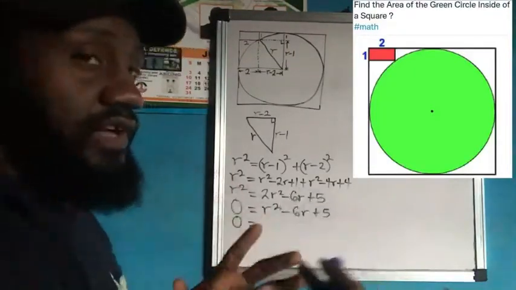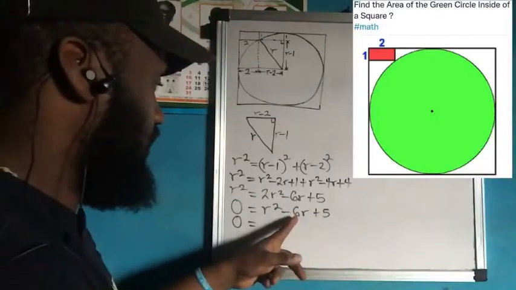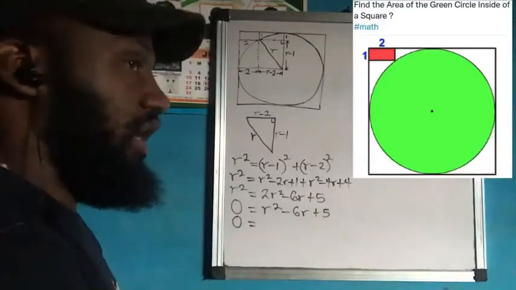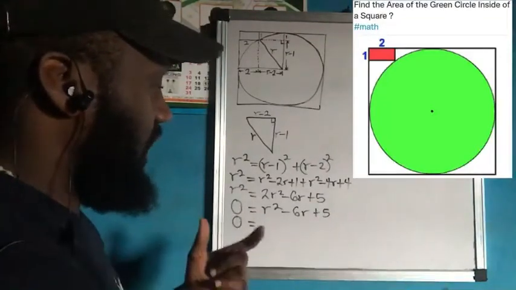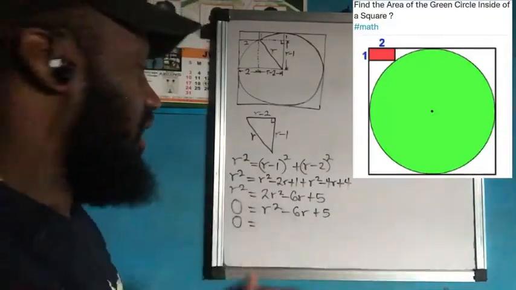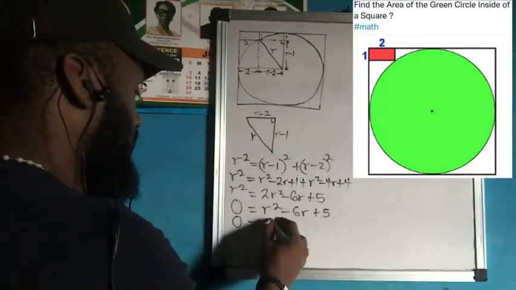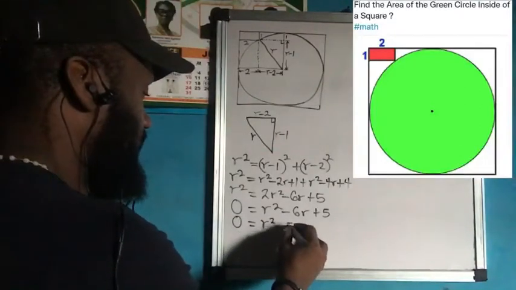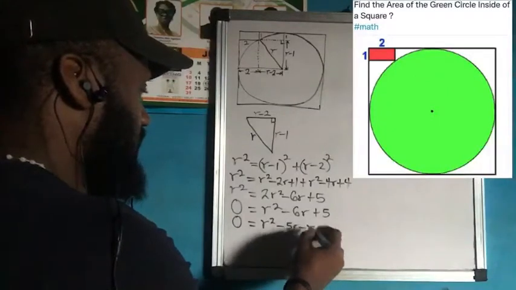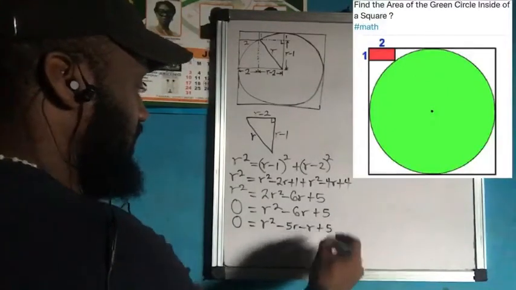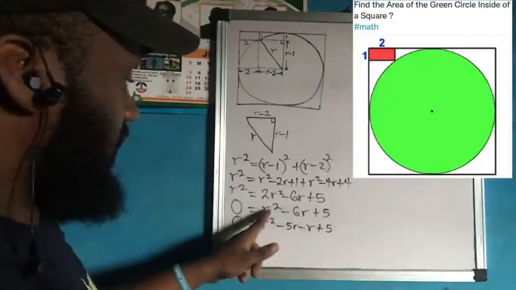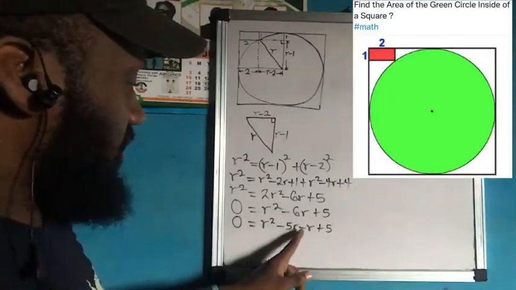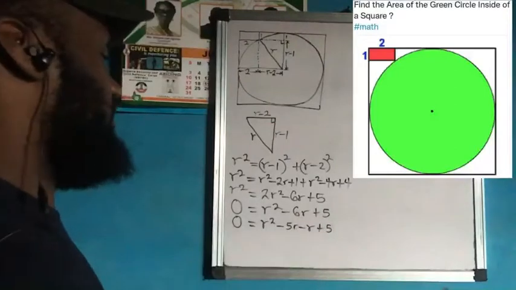Then we need factors of 5r squared that would sum up to give us minus 6r. We have minus 5r and minus r. So minus 5r minus r plus 5. Minus 5r times minus r will give us 5r squared, and minus 5r minus r will give us minus 6r.